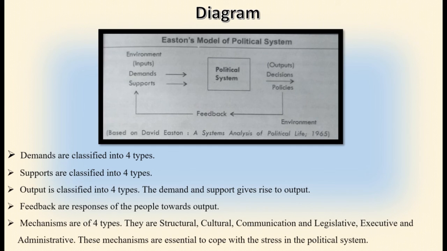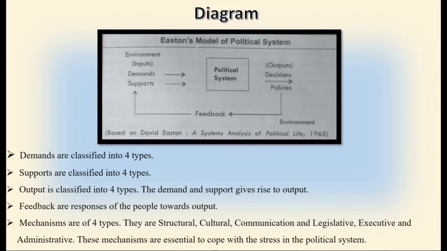Thus, political system receives demands and support from the environment. The demand depends on the nature of government, and the extent of support the demand receives varies depending on the expectations of the people from the political system. Third, output. The demand and support gives rise to output, that is, the system responds through decisions and policies.